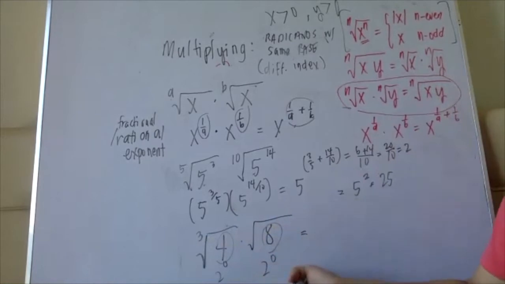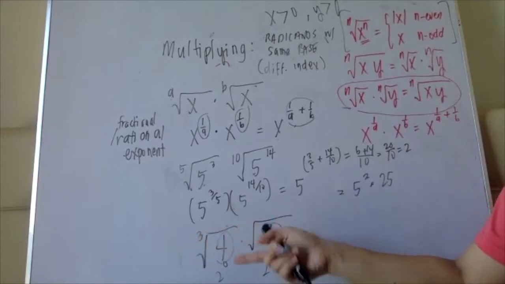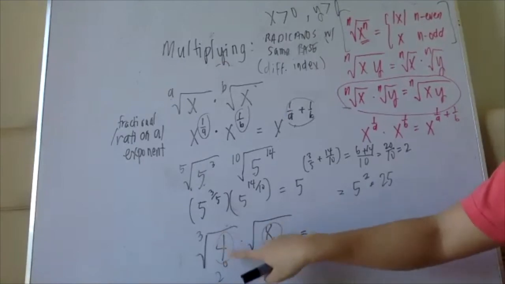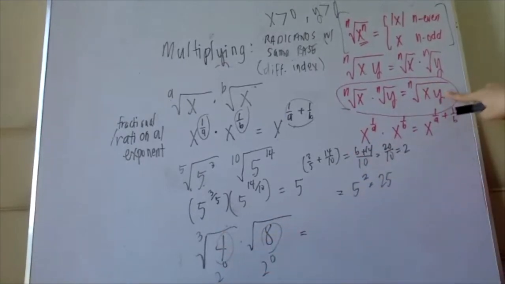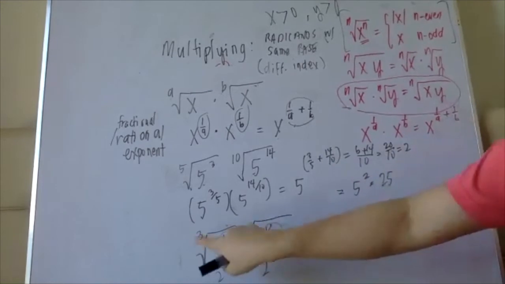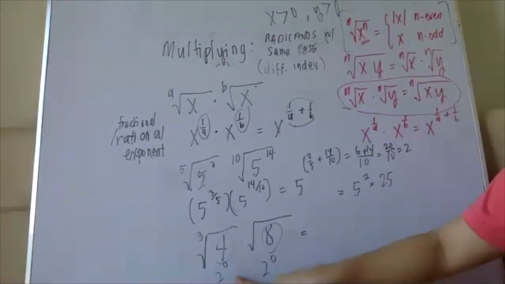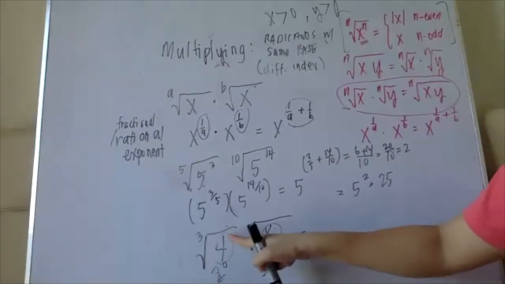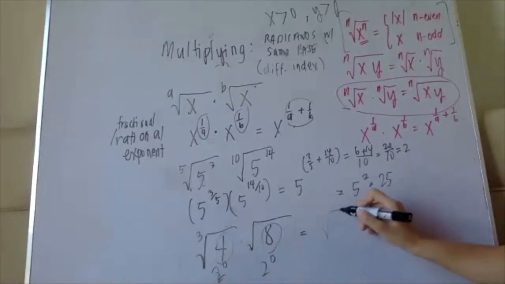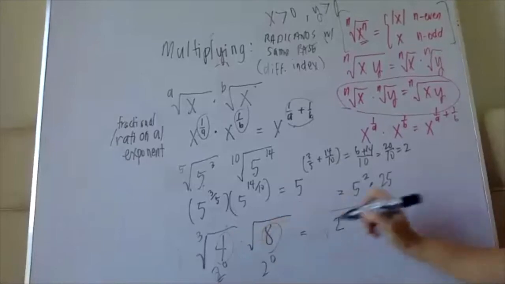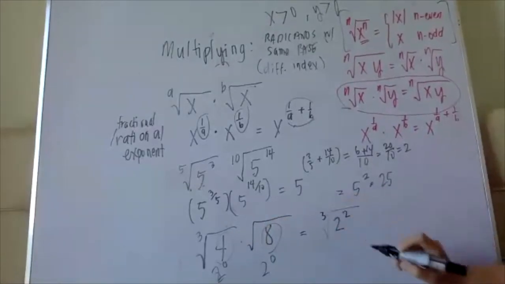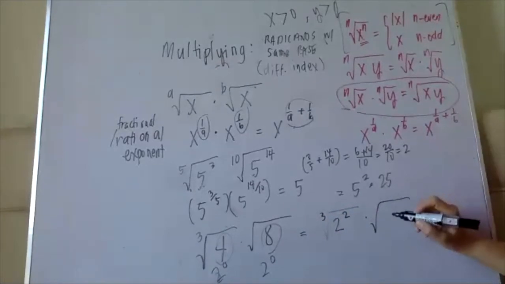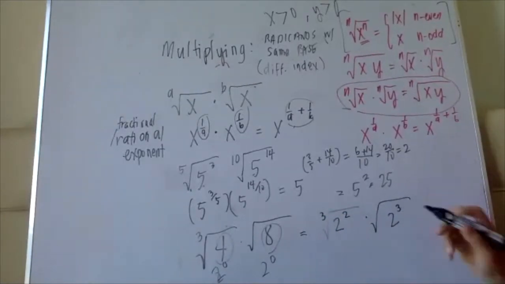Pero guys, again, kung magkapareho naman yung index, bakit ka pa magta-transform into this form, di ba? Kasi pwede mo naman siyang i-multiply sa loob, right? Pero since magkaiba yung index natin, ang goal natin is magkaroon ng base na pareho. So, pwede natin siyang i-express 2 raised to 2, cube root of that, times itong 8. 2 times 2 times 2 lang yan, or 2 cube.